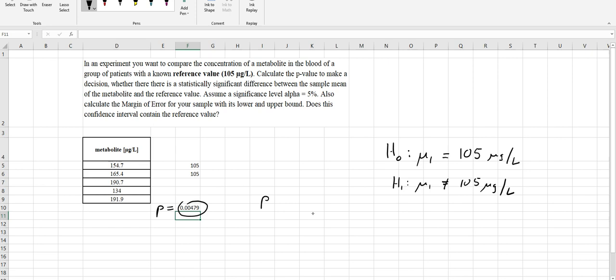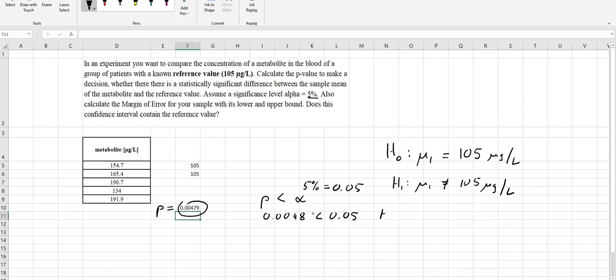We know that if p is smaller than alpha, and alpha here is set to 5%, or I can write this also as 0.05, if our p-value is lower than alpha, then, if p is low, H naught must go. And 0.0448 is certainly smaller than 0.05.